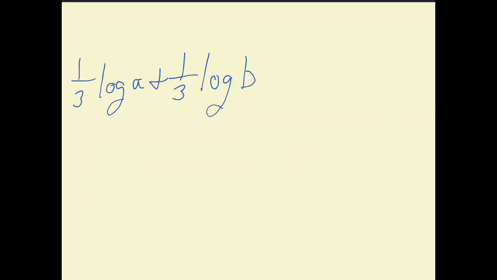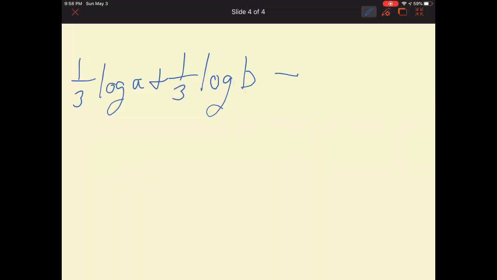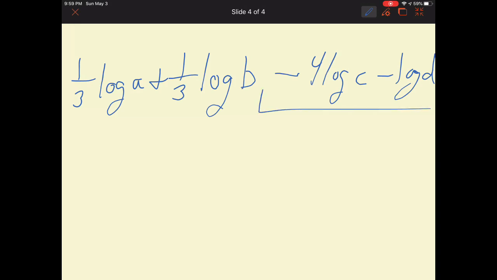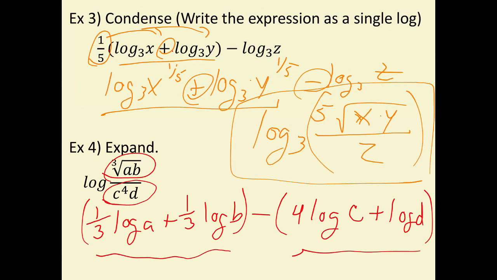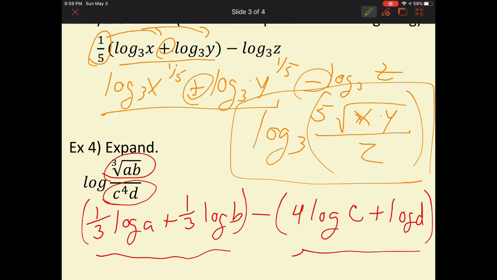And then what you're going to do is you'd say minus 4 log of C and then minus log of D. You could do this too, and this shows that you're dividing by both things here. So if you don't want to use parentheses, fine, but you have to put minuses on both the denominator terms that are in the bottom here. So I'm pointing, but you can't see me point. Right here, both have to have minus if you don't use parentheses. And that's okay too, either way, it doesn't matter how you're going to do that.